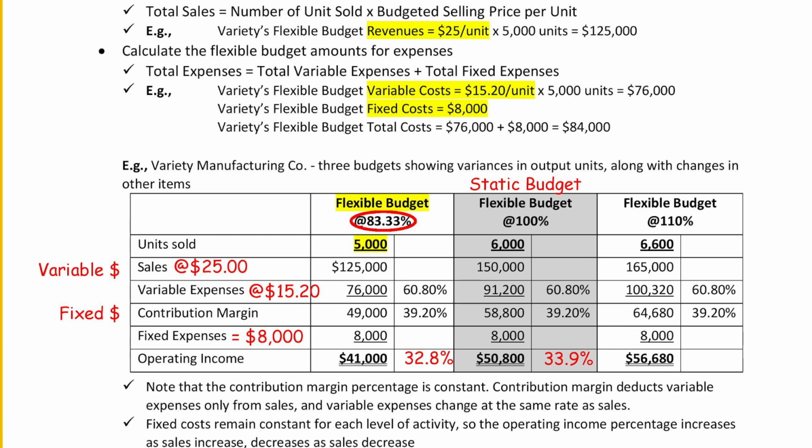Variable expenses are $15.20 per unit, so $15.20 multiplied by 6,600 units gives us $100,320 variable costs. You get contribution of $64,380. Fixed expenses remain fixed at $8,000. So this calculates to an operating income of $56,680, which is 34.4% of sales.